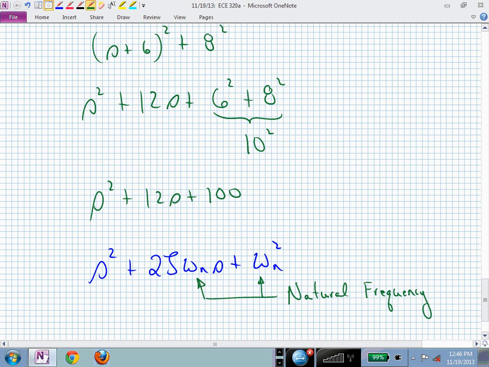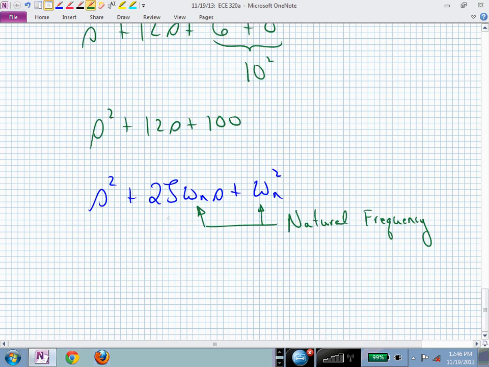That's the distance of the point minus 6 plus j8 from the origin, which is 10. And this zeta value is our damping ratio.